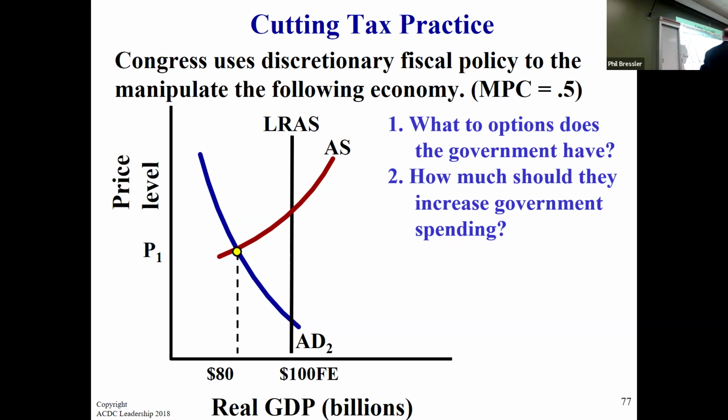I want to change the GDP by 20 million. The tax multiplier is -1. I don't know the tax, so I got -X equals 20 million. So X is going to equal minus 20 million. So I now know I have to decrease taxes by 20 million to fix the gap.